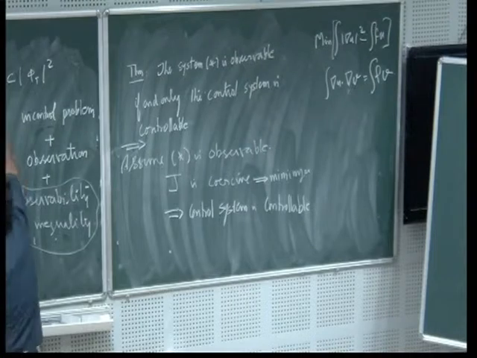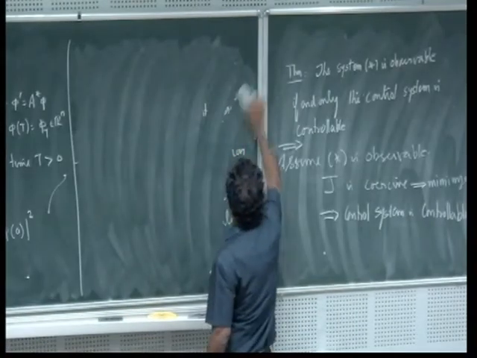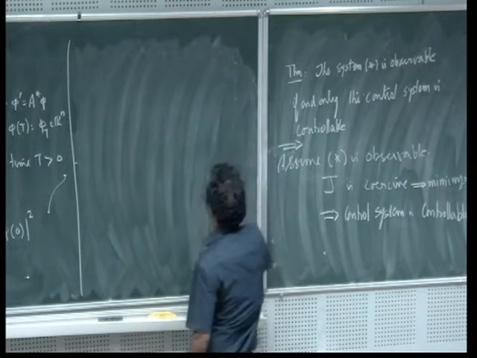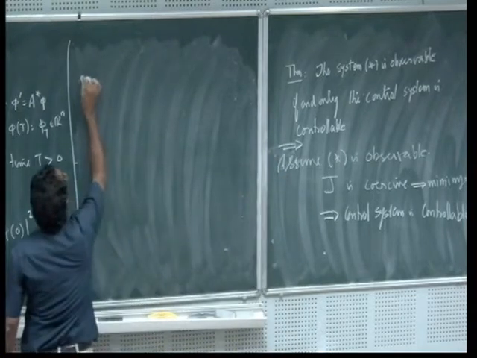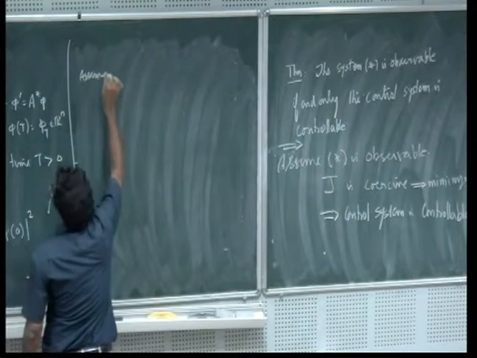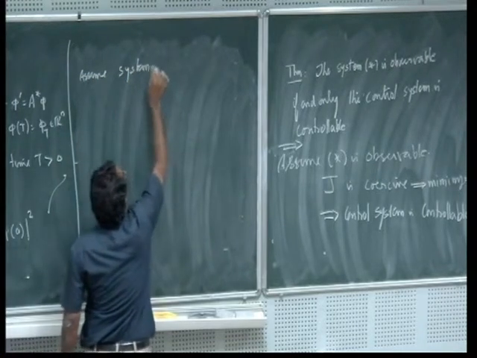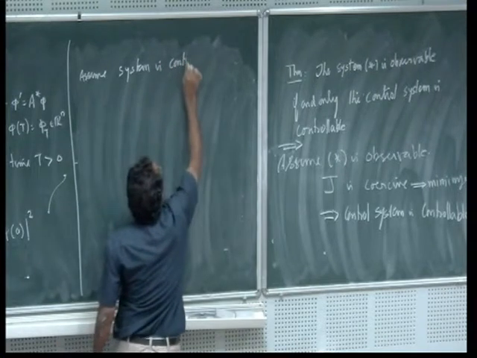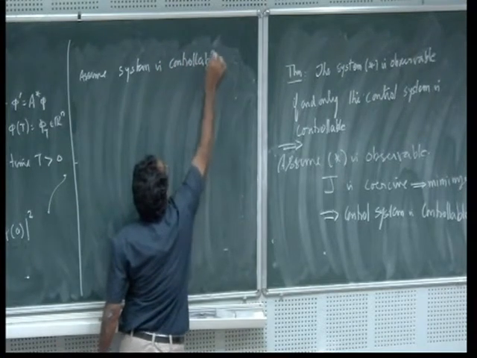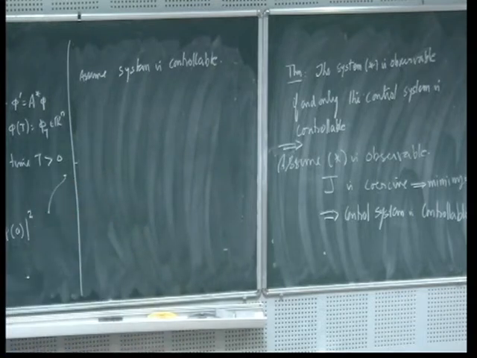The converse part is also not difficult, but you need a little more. Suppose the system is controllable. Assume the system is controllable, and you have to prove the other inequality.